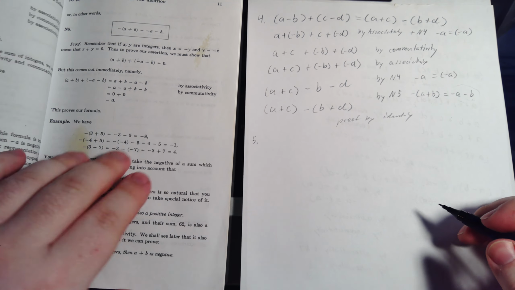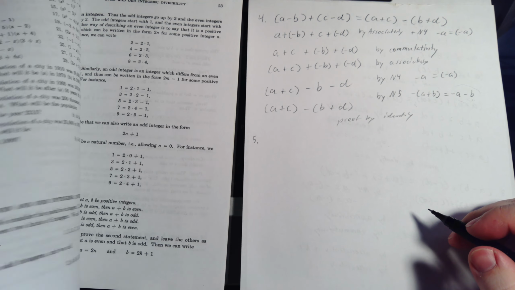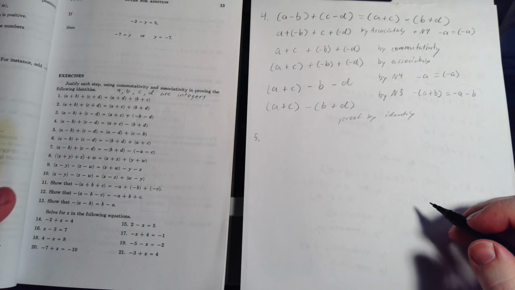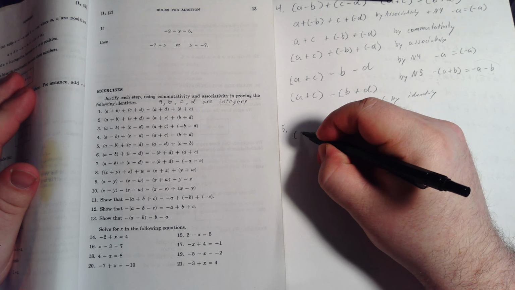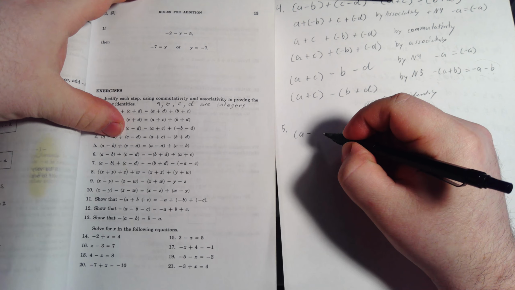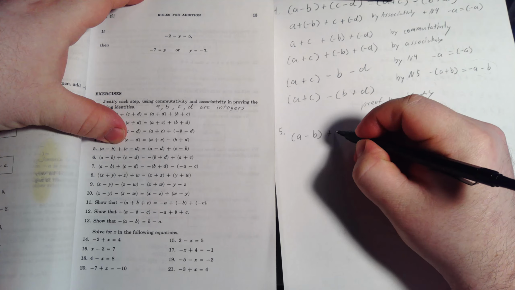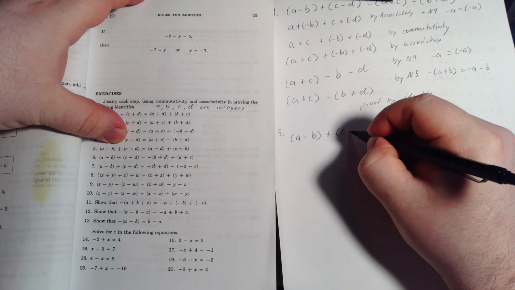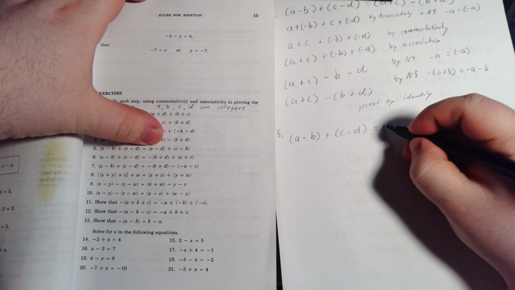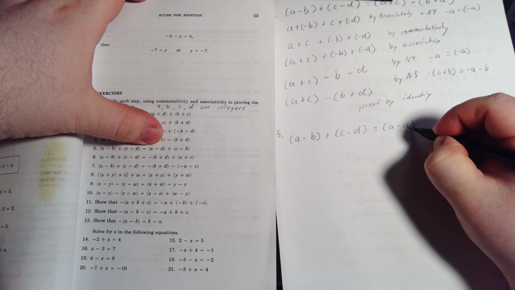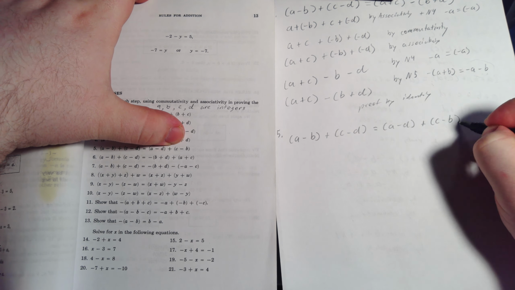So then we can move on to problem 5. Where we have A minus B in parentheses plus C minus D in parentheses is equal to A minus D in parentheses plus C minus B in parentheses.